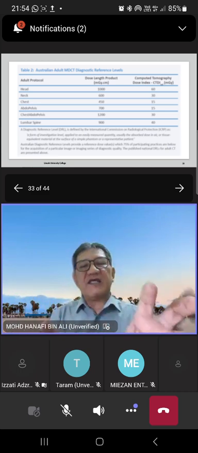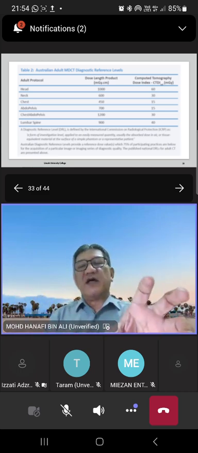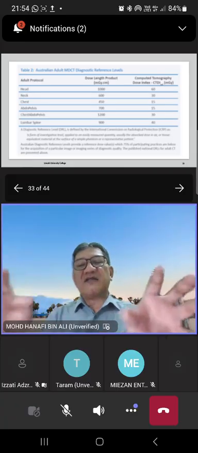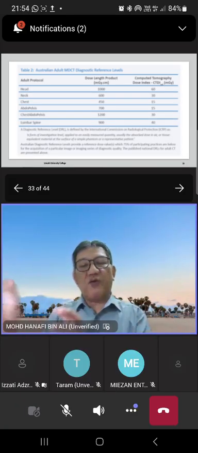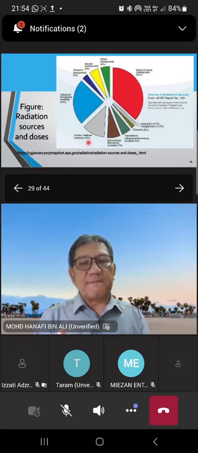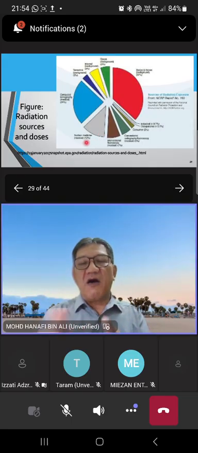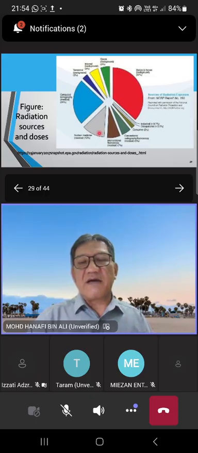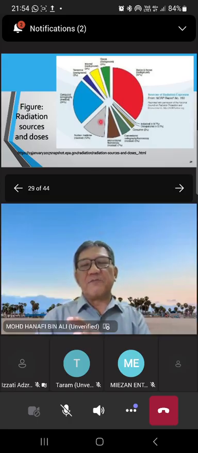Because we need to compare this CT scan dose with breast dose and other examinations. That's why we need to compare that. I mean to convert. And before I forget, these measurements, these numbers, are actually not done on the patient. We just measure from the phantom, not a real patient.